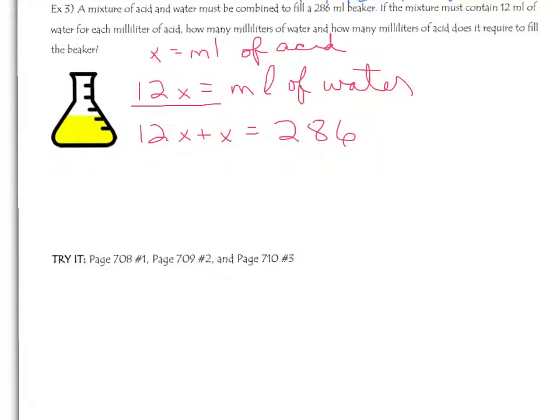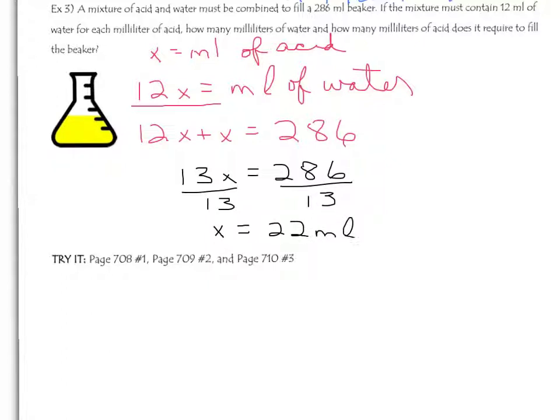So there's our equation. Simplify the left, and then divide both sides by 13, and you get x equals 22 milliliters. So the milliliters of acid is 22, and 12x equals the milliliters of water.